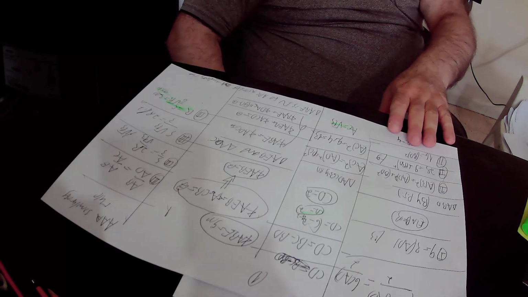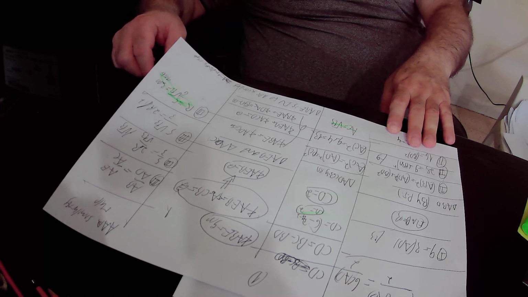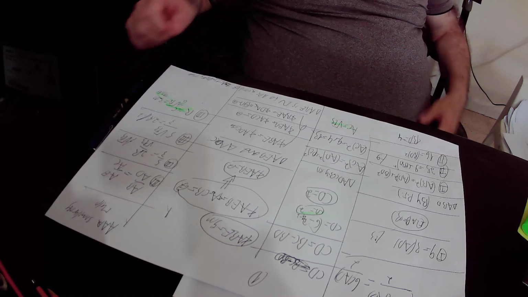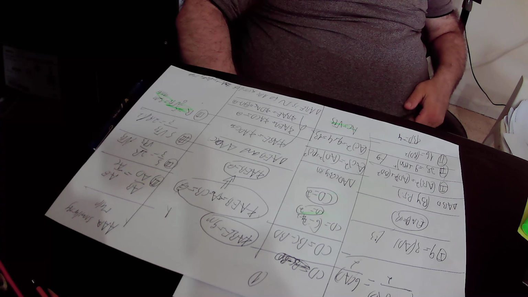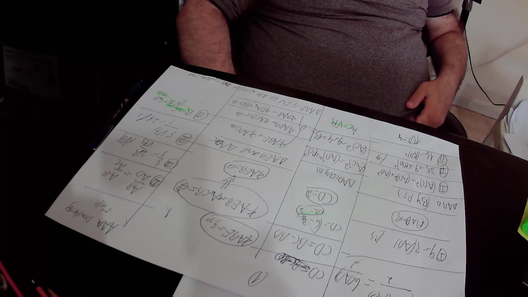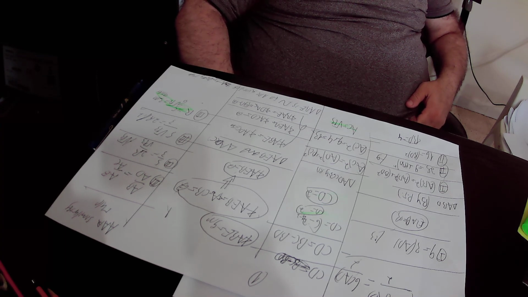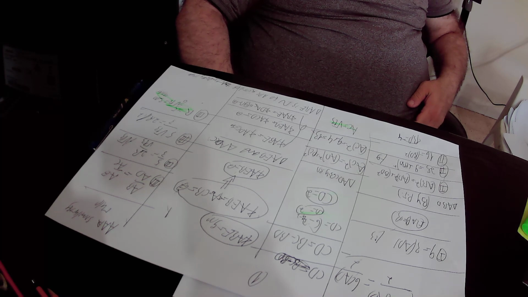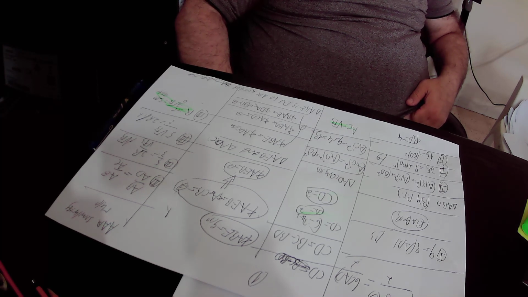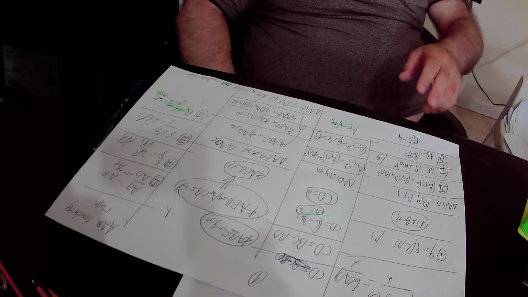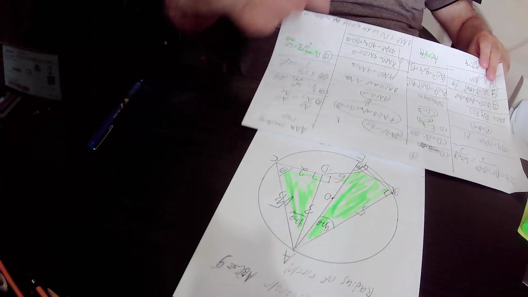We subtracted 9 from this equation, and found that 25 minus 9 is 16, and 16 equals BD squared. Here we took the root of this equation, and we got that BD equals the square root of 16, that is 4. So BD equals 4 units here.